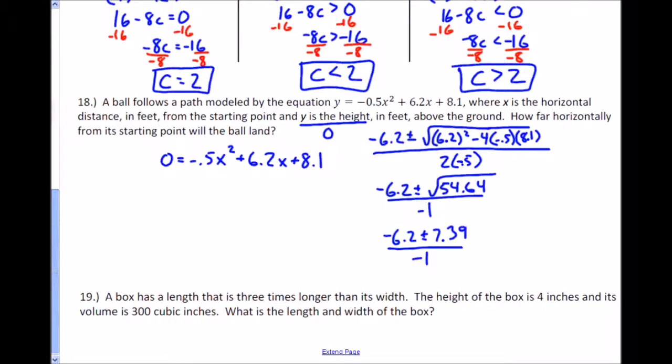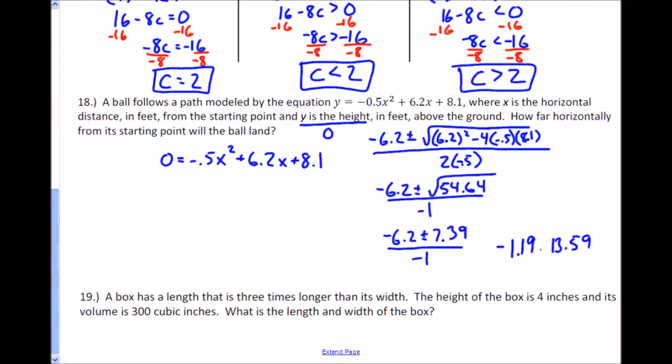I have to do the negative 6.2 plus the 7.39 divided by a negative 1. And that's going to give me a negative 1.19. And then I do have to do the negative 6.2 minus the 7.39 and divide it by a negative 1.